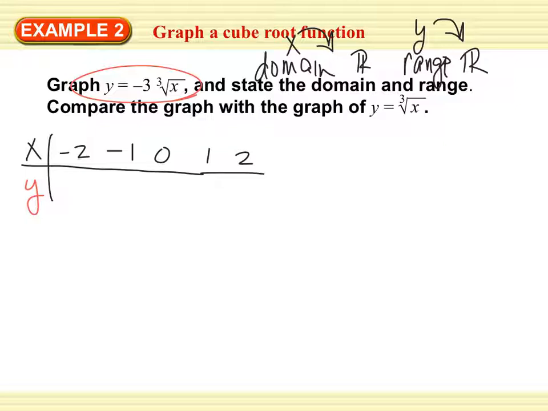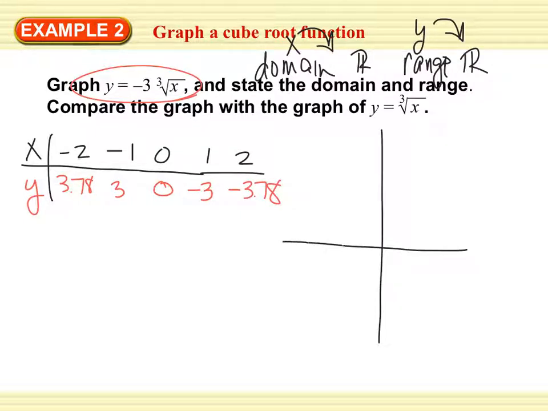So if we plug and chug some numbers, -2, I've got 3.78, -1 is 3. Check your calculator out, works pretty well. Use some parentheses so you don't lose your negatives. And if I graph this, I'm going to have -2, 3.78.